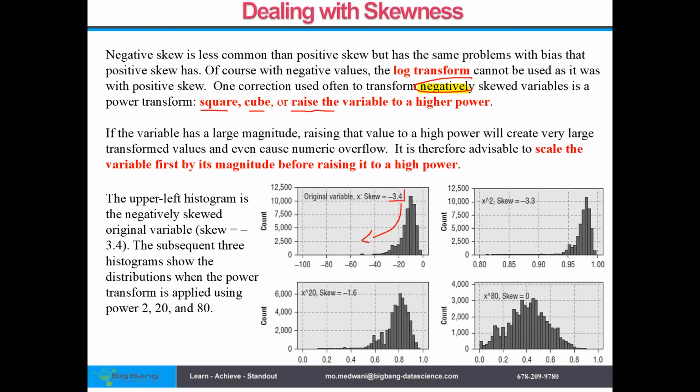It's minus 3.4, and this is the original x. Then we squared x, raised it to the power of 2, and we reduced the value from minus 3.4 to minus 3.3. Then we did 3, 4, 5, and we did 20, and we reduced it from minus 3.4 to minus 1.6. It's better, but we are still having some problems in there.